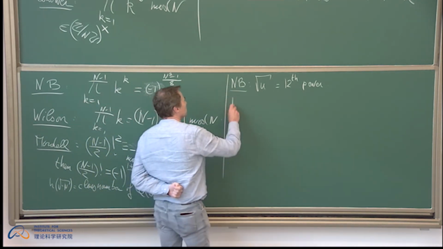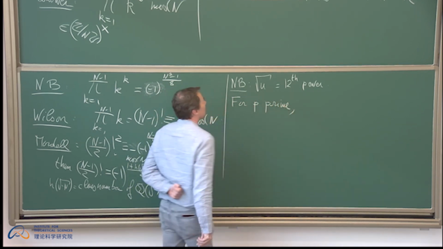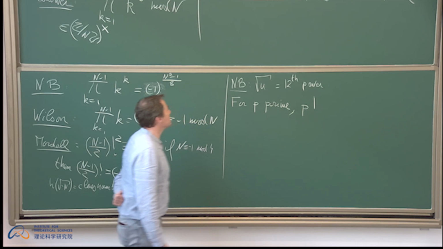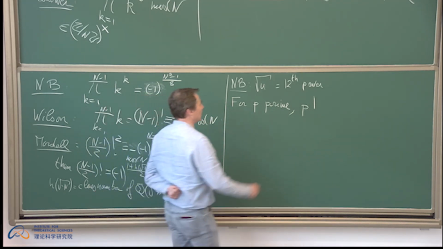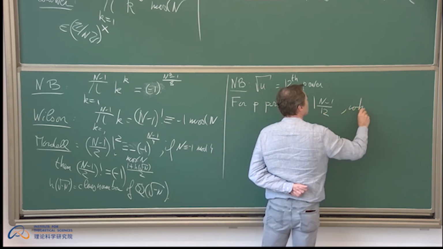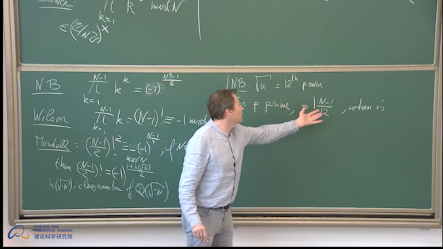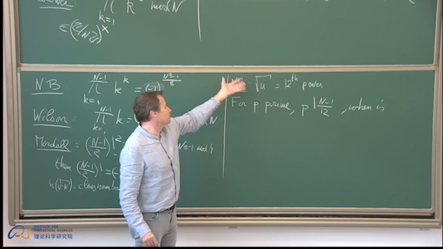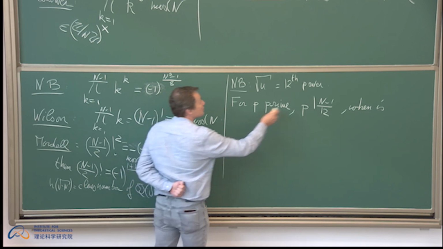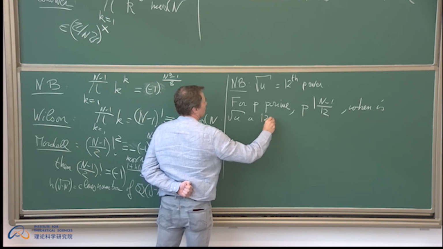So for p prime which divides (n minus 1)/12, of course, if p is a prime power which does not divide this, this is always a p-th power. So the question is not interesting. The question is interesting when p divides. When is the square root of u a 12th power?